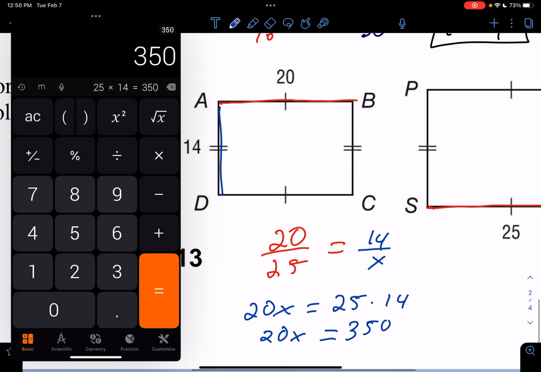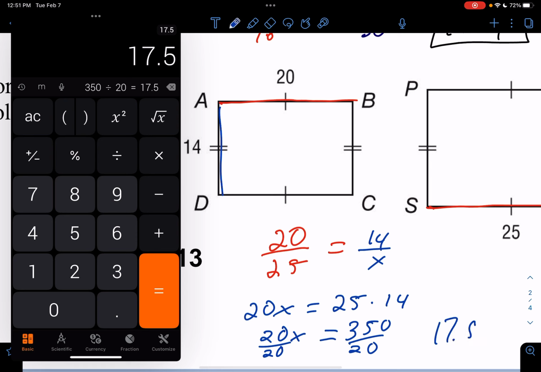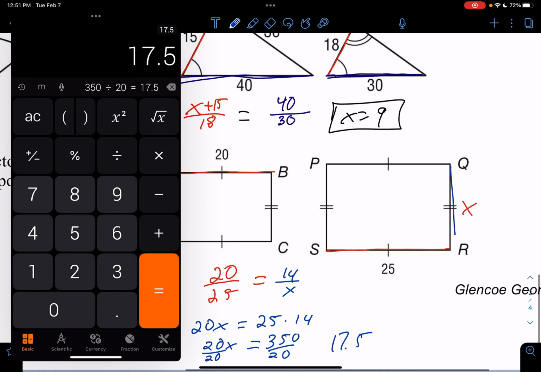So now we will have to divide by 20, both sides, and it's going to be 17.5.